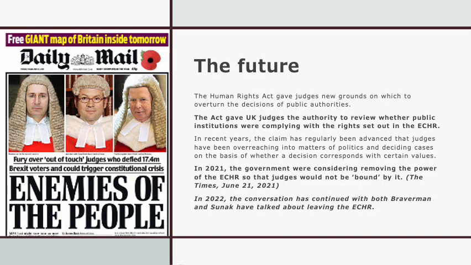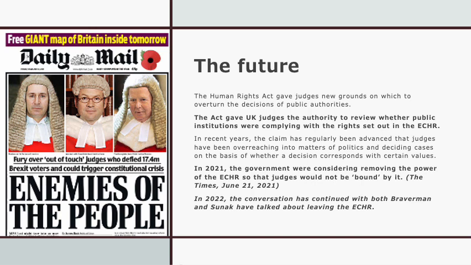So what does the future hold? Well, the Human Rights Act gave judges new grounds on which to overturn the decisions of public authorities, and the Act gave UK judges the authority to review whether public institutions were complying with the rights set out in the ECHR. In recent years, we covered this a little bit in Lesson 1, the claim has regularly been advanced that judges have been overreaching into matters of politics and deciding cases on the basis of whether a decision corresponds with certain values.